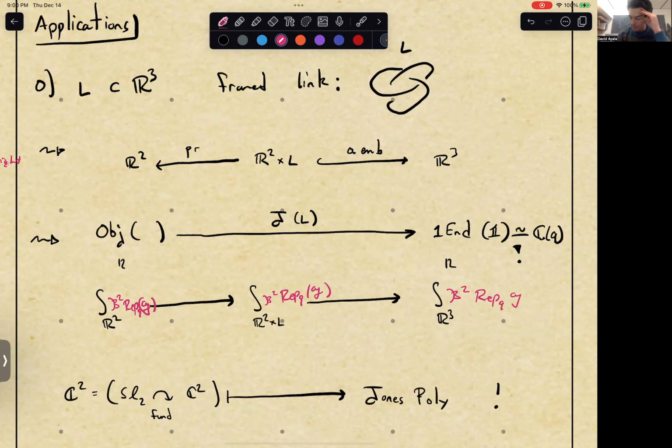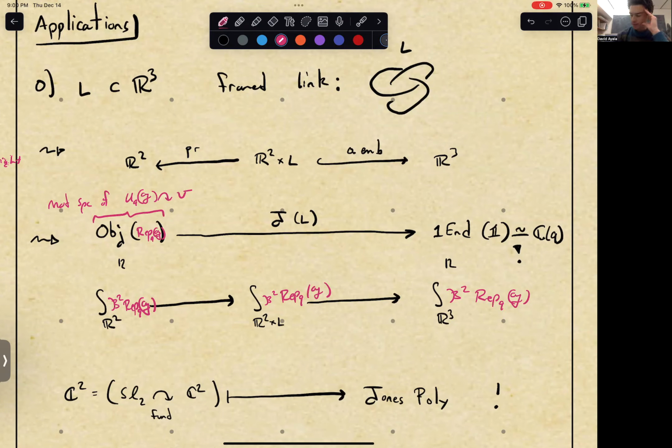And so if you keep track, the value on R2 were the two endomorphisms of the point, which was the moduli space of objects of rep QG. So this is the moduli space of finite dimensional modules for that quasi-triangular Hopf algebra.